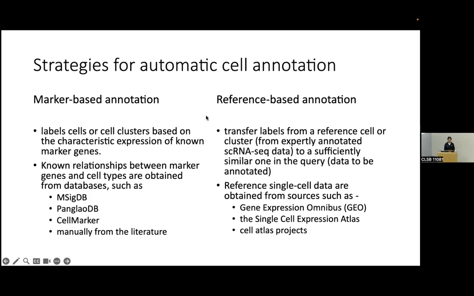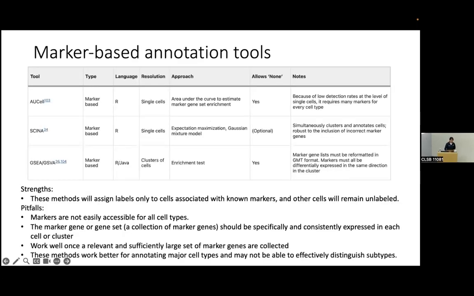And there's also the reference-based annotation that transfers labels from a reference cell or cluster to a sufficiently similar one in the query. And we usually can use the Gene Expression Omnibus and cell atlas projects and so forth. Yeah, there are some marker-based annotation tools. I won't go into the detail.